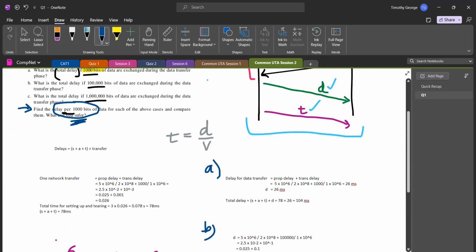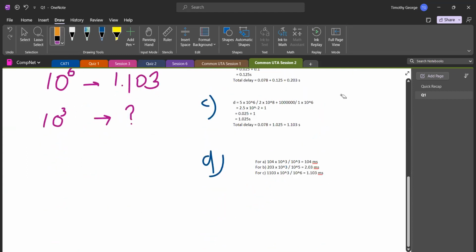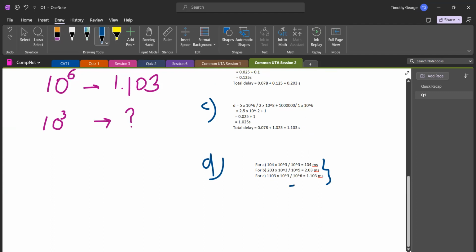What do you infer is the only last thing in this question. So what do you infer when you look at these things? Clearly, you can see when the number of bits is more, so in the last section we sent 1 million bits, the time that every 1,000 bits will take is much less.